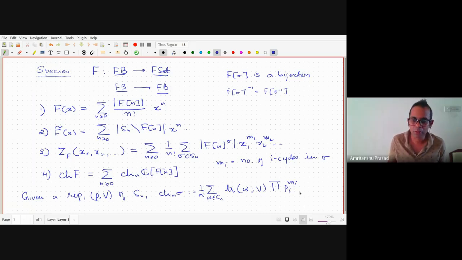So this looks a bit like what we get when we look at a permutation representation, so we are looking at C F n. Then this trace is just the number of fixed points.